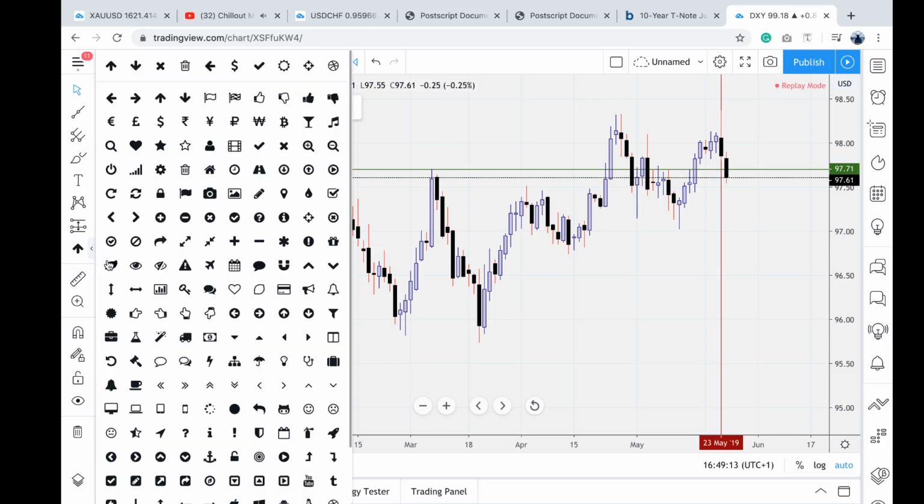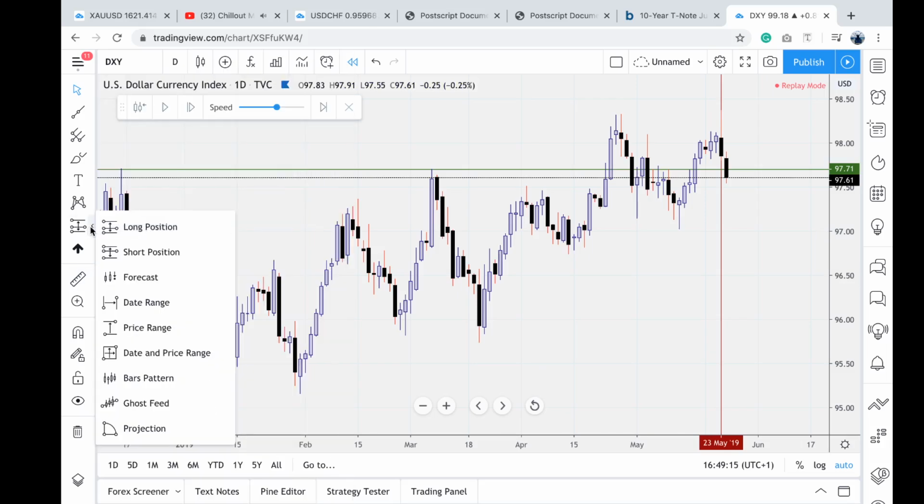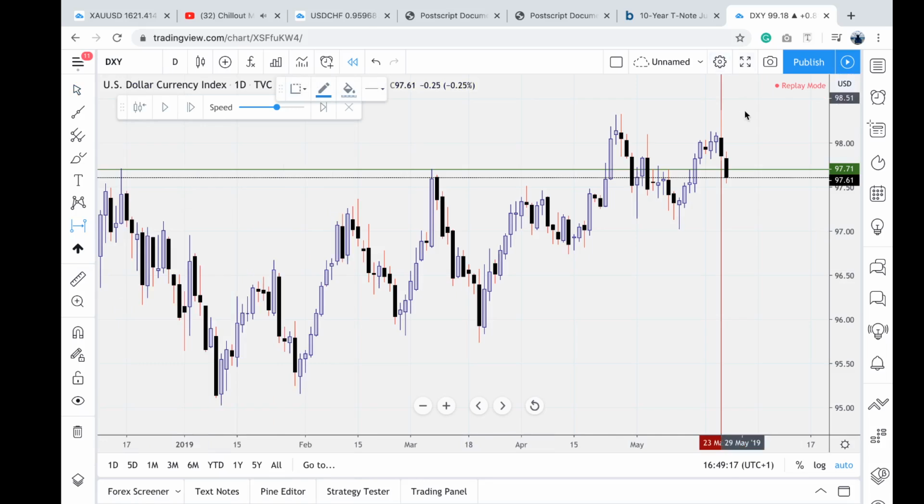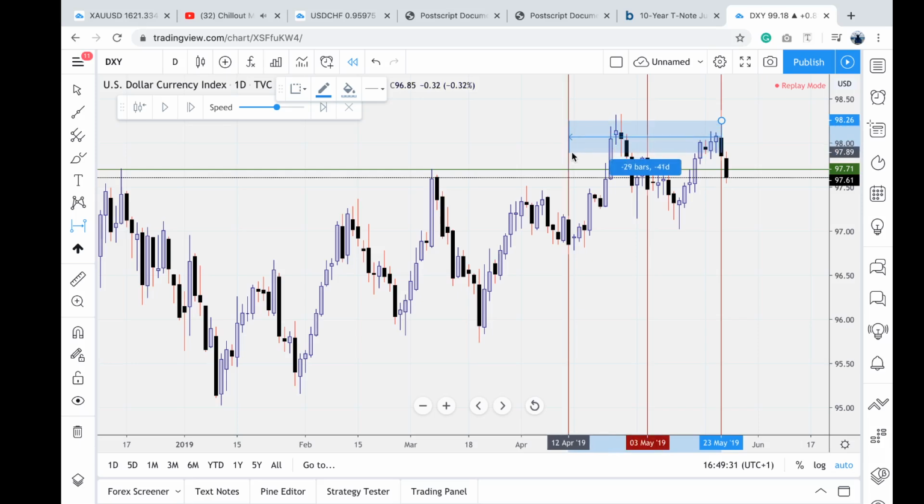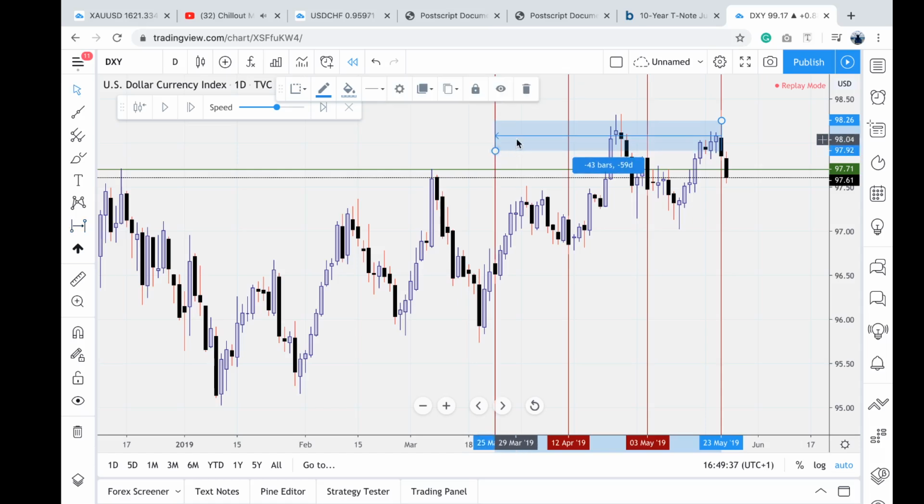So this is where we bring up our date ranges, and we look for the last 20 days. So this is the last 20 days worth of price action, the last 40 days of price action, the last 60 days worth of price action.